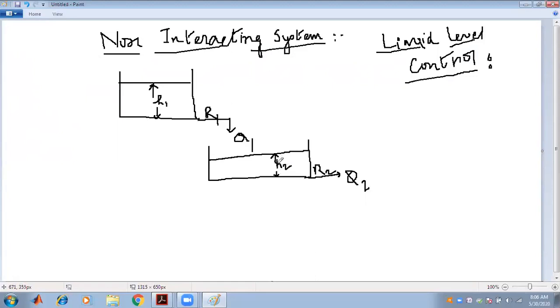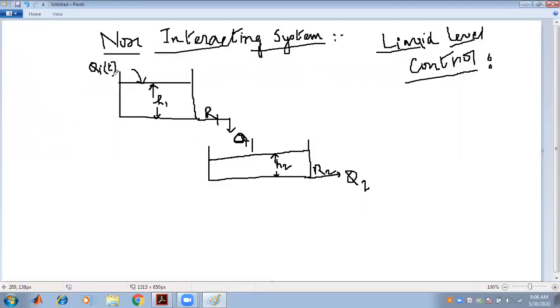This is Q1, and the input is called Qi, the input of water, or input of any liquid.